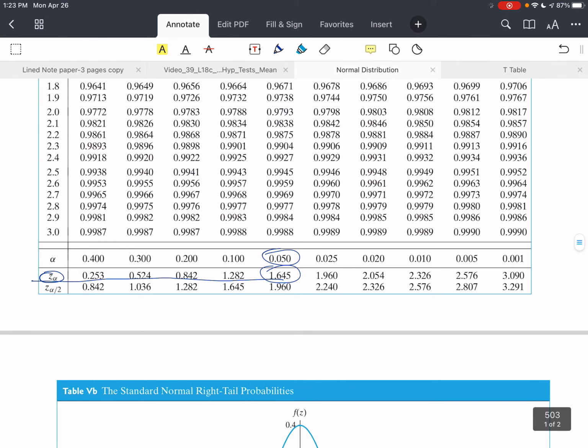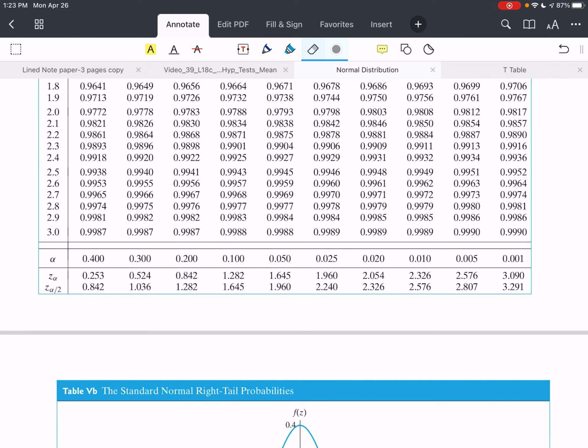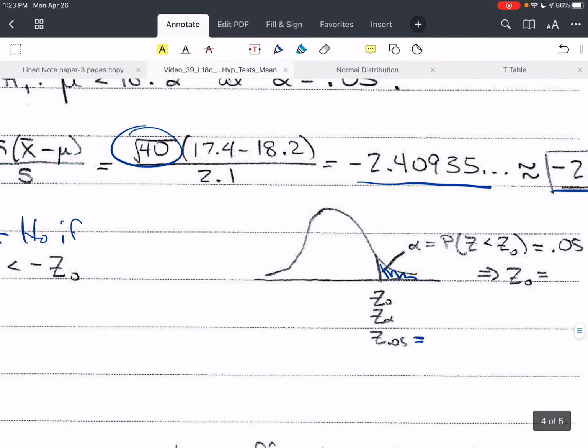Again, we can just use this little sub-table down here for z sub alpha, or alpha over 2. Alpha is 0.05, and we said we want z sub alpha, and so that gives us 1.645. As long as we have the probability in this table, we can use it. So 1.645 is my critical value there.